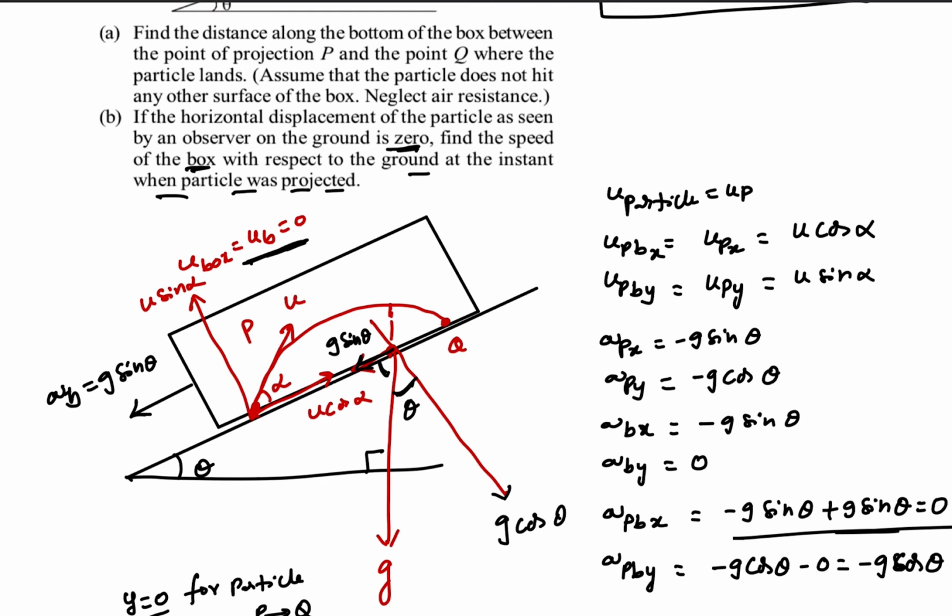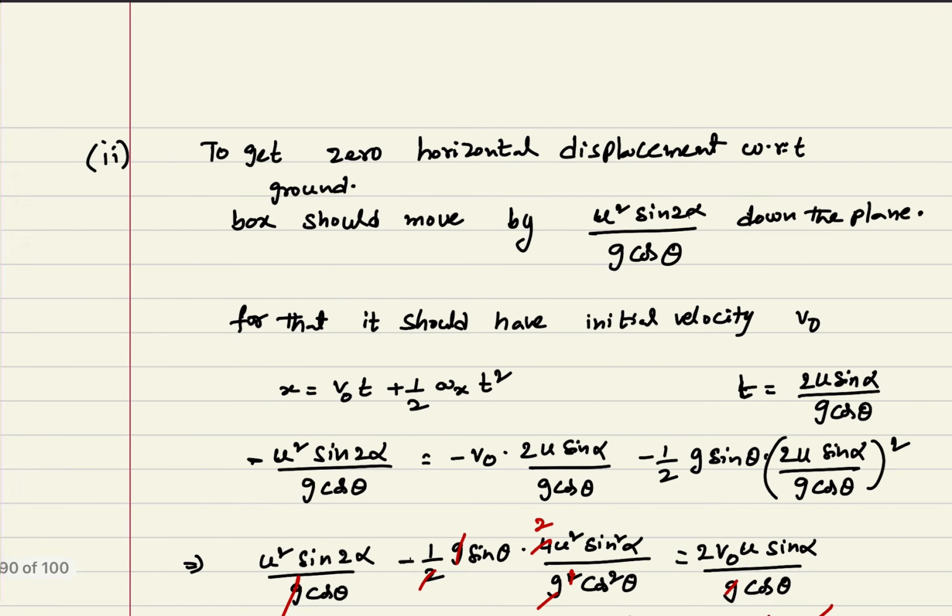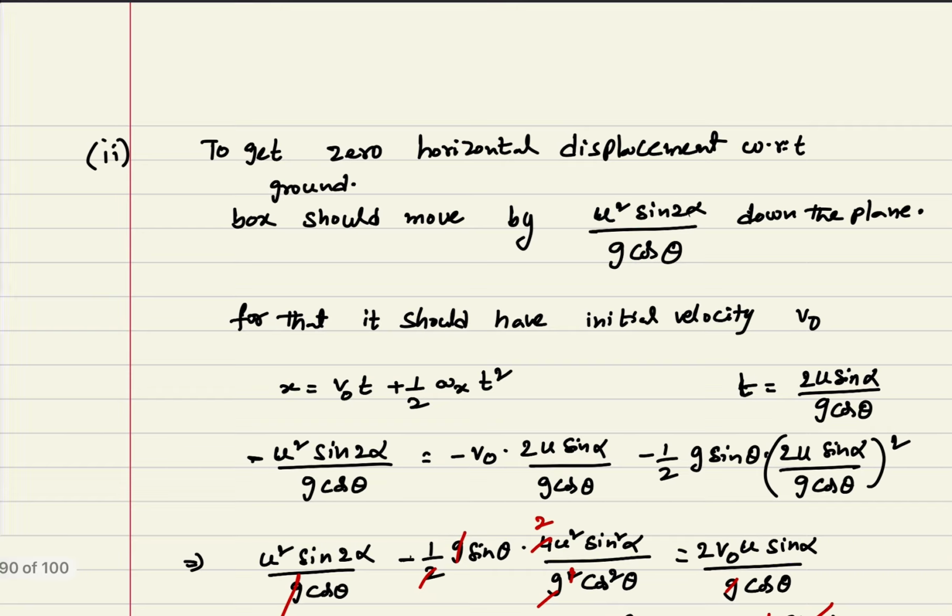To get that, the box should move in the downward direction. I have already done the same thing here. To get zero horizontal displacement with respect to the ground, the box should move downward. Then you can see here how it is moving.